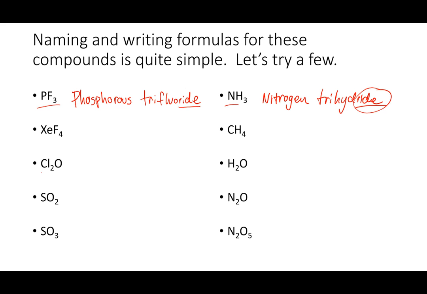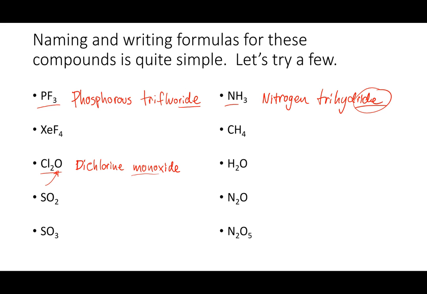Let's go down here to Cl2O. This would be, to represent the two, you write dichlorine, and then the one oxygen would be monoxide. Okay, so if the second element here is by itself, then you add the mono, okay, the monoxide part.